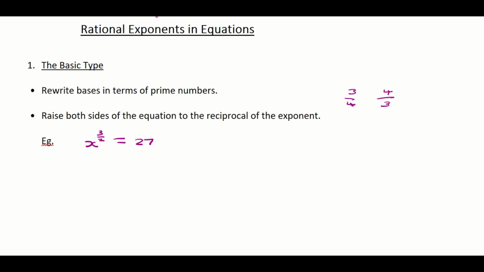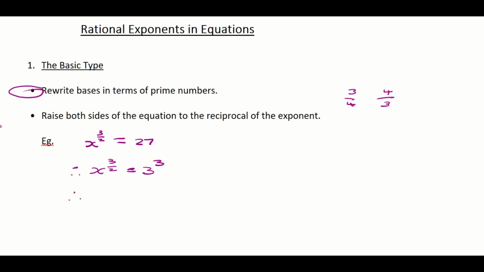Let's do an example here. We've got x to the power of 3/2 is equal to 27. Notice the first thing we try to do is rewrite the bases in terms of prime numbers. So let's do that. x to the power of 3/2 is equal to 27, with the base of 3, is 3 cubed.